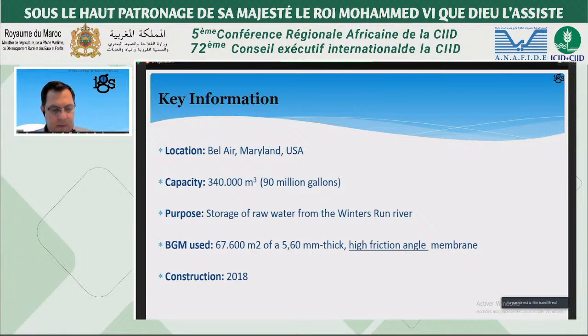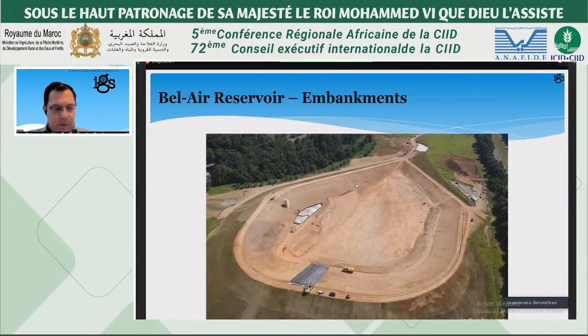The material used here was a 5.6 millimeter BGM with a special high friction angle. So the reservoir was created by building field dikes of 17 meters, and the crest is 7 meters.